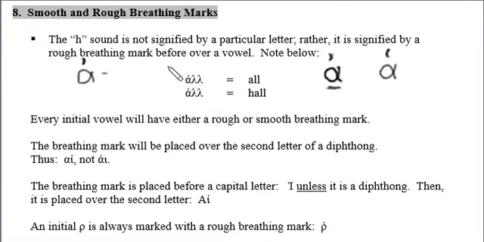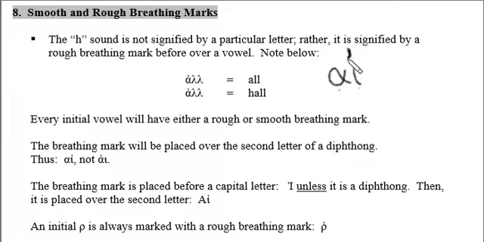So in the case of a diphthong, let me erase these so I can make some space for writing. If you happen to have a diphthong, that is two vowels that form one sound, at the beginning of a word, then it's going to have the breathing mark over the second letter of the diphthong.